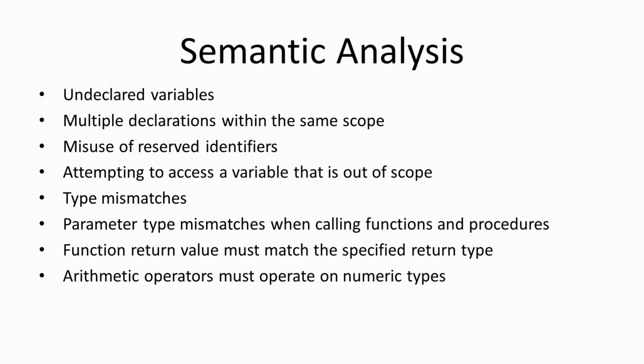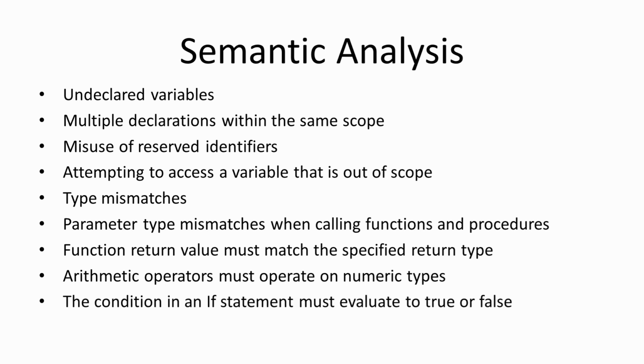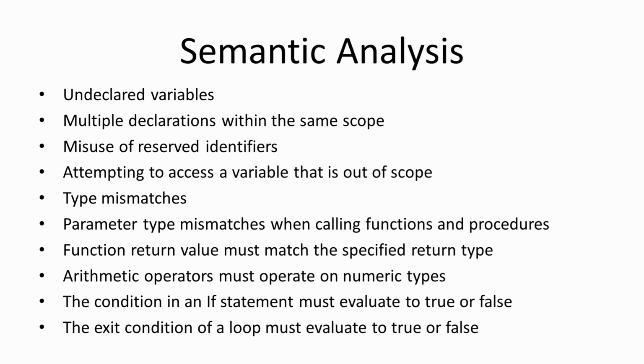You can't multiply one string by another, for example. The condition in an if statement not evaluating to true or false. The exit condition of a loop not evaluating to true or false. Depending on the source code language, semantic analysis can be a big job indeed.